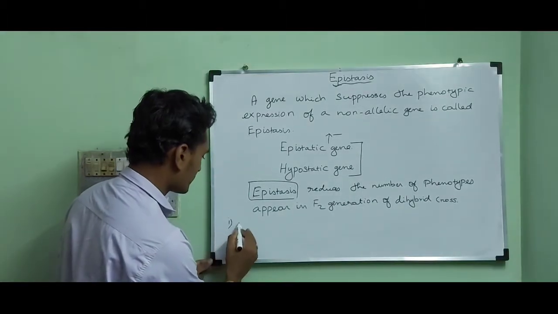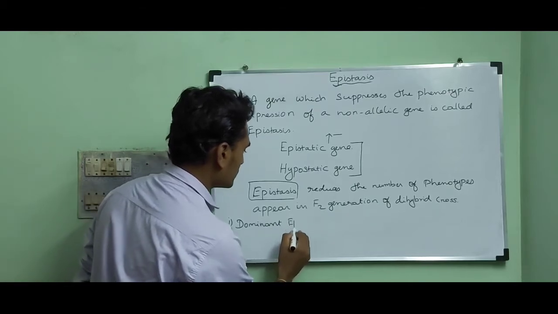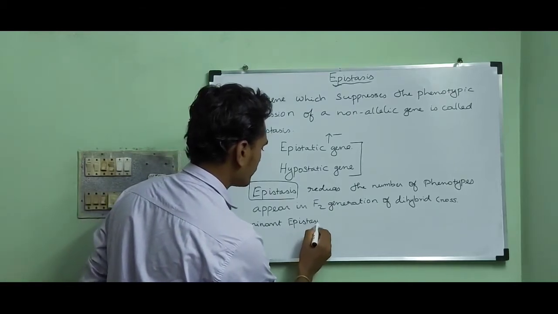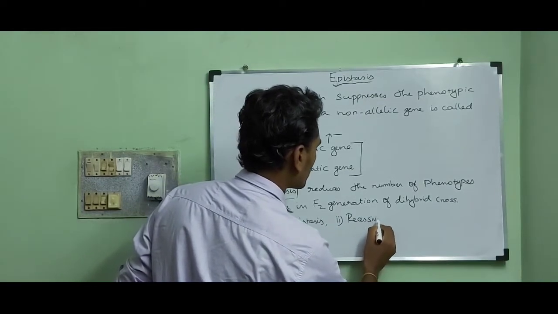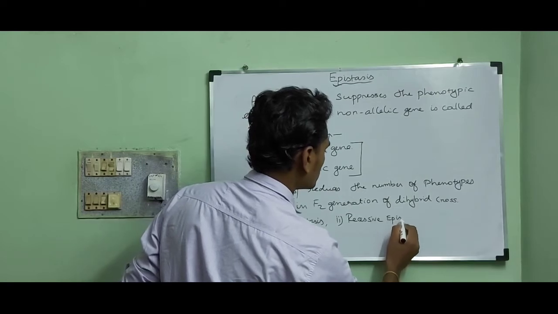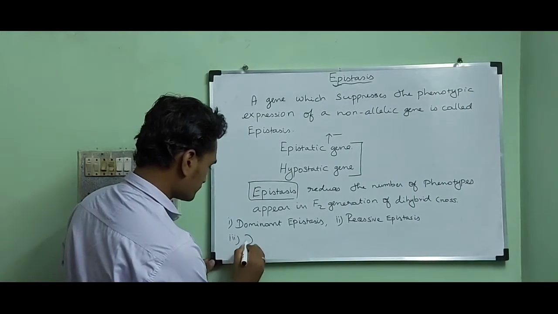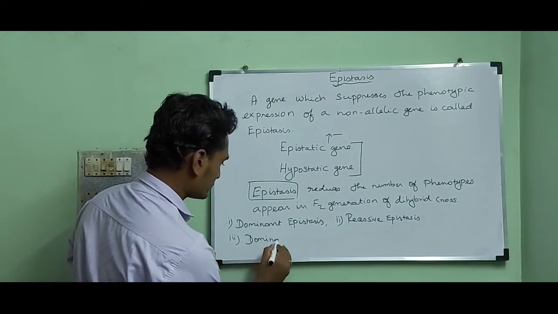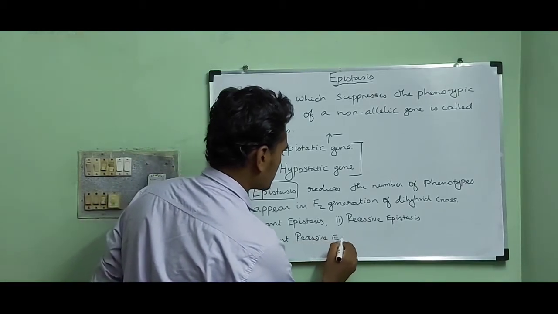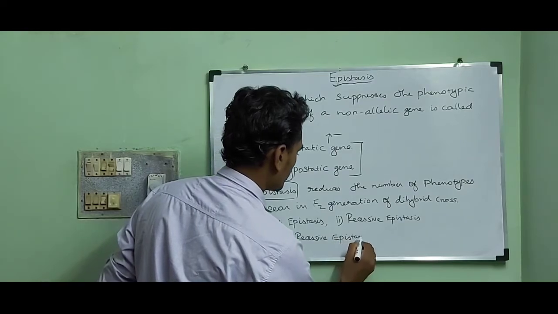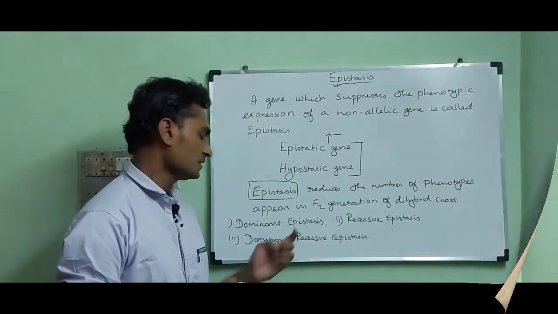They are dominant epistasis, recessive epistasis, and the third one is dominant recessive epistasis. In this video, we are going to discuss dominant epistasis.